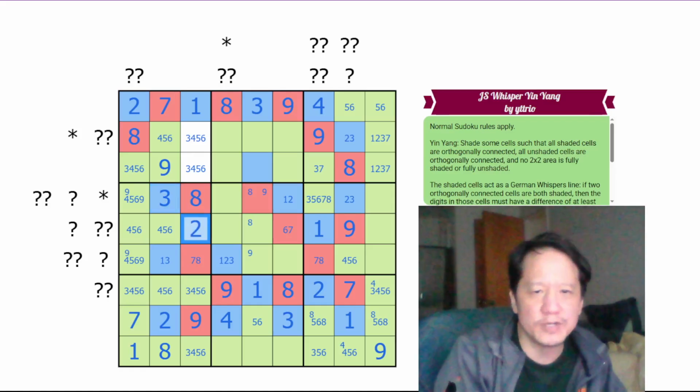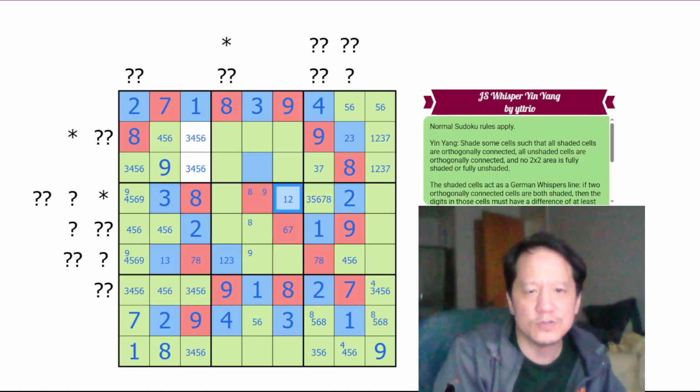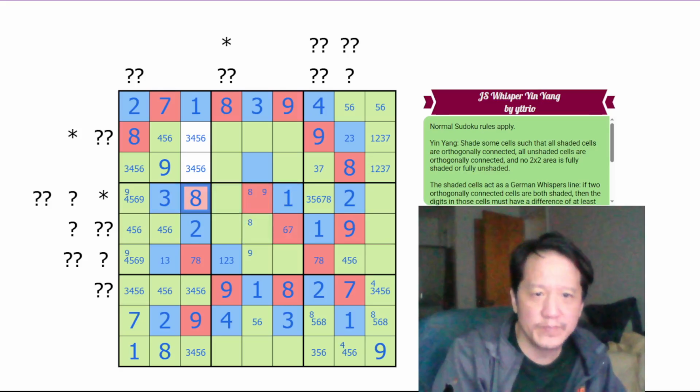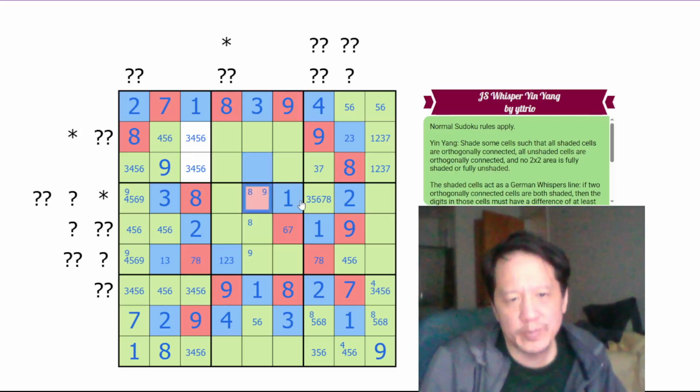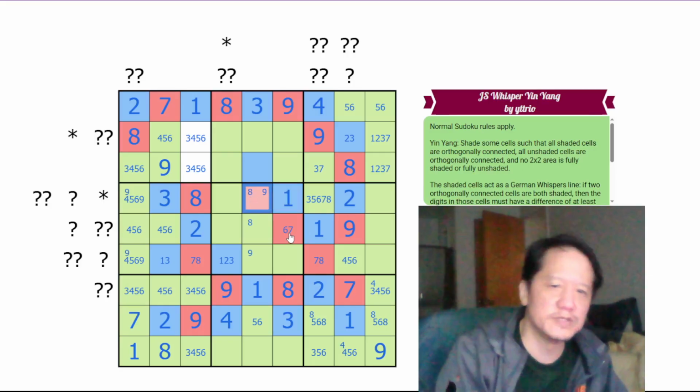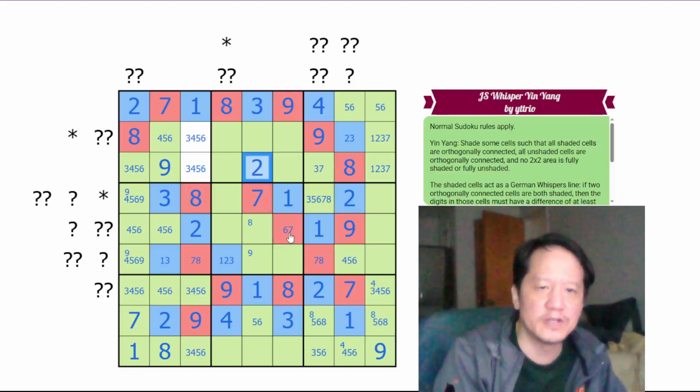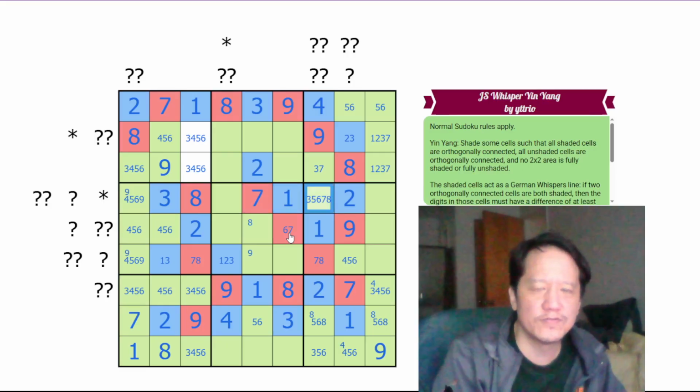So this is 3 and 8, which makes this 2, which makes that 1. That kind of works. This could not be 9 because that would be a 2-digit number. So then this has to be 6 or 7. It has to be 7 next to a 2 there. So that seems fine.